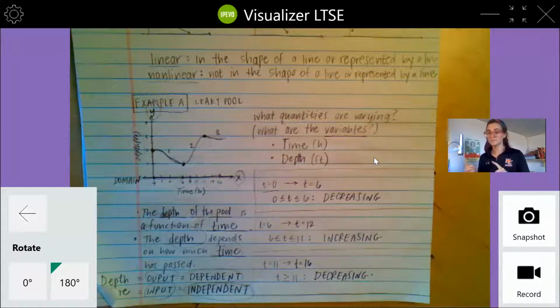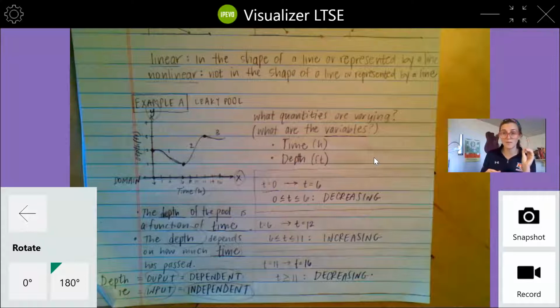All right? In between time equals 0 to time equals 6, so between 0 and 6 hours, my function was decreasing. So from the time I started until time equals 6 hours, the pool is leaking. The amount of water in the pool is decreasing.